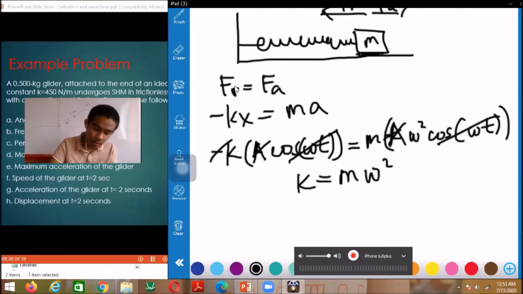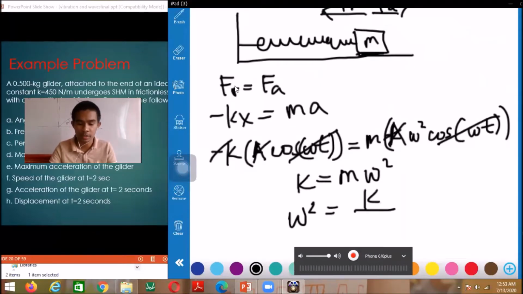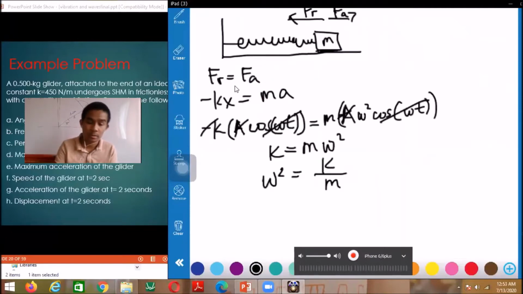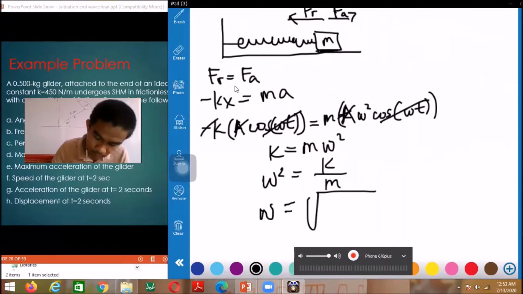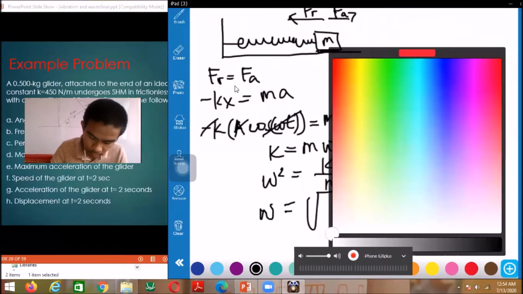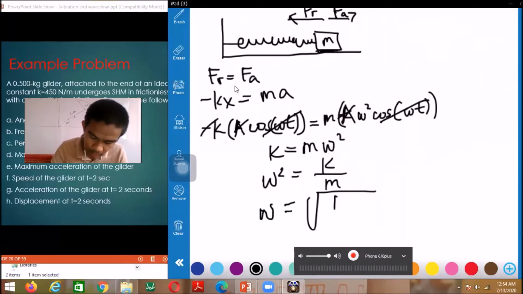or omega squared equals the spring constant over the mass attached to the spring, or omega equals the square root of the spring constant K over the mass attached to the spring.